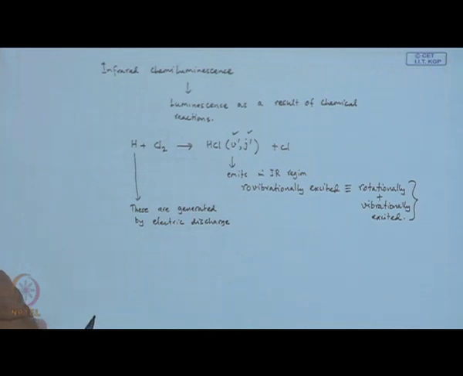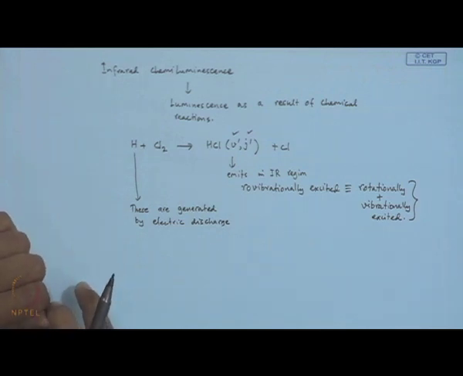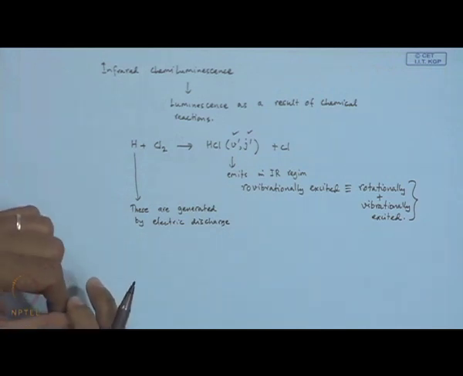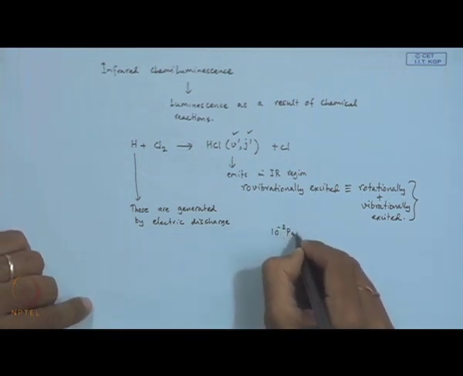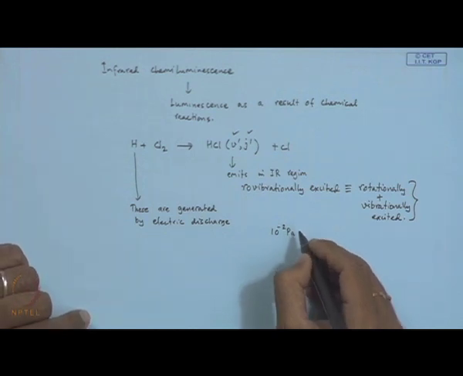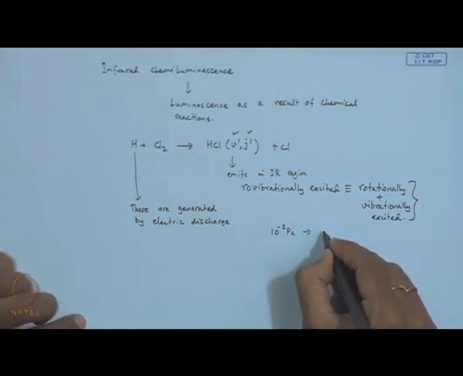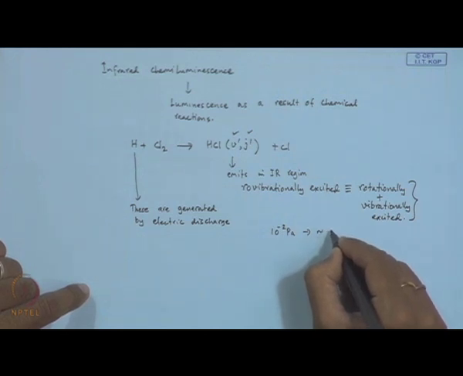Okay. So in this case what we have to do is work at low pressure, about 10 to the power minus 2 Pascal, which will ensure that the mean free path of the process is of the order of vessel length.